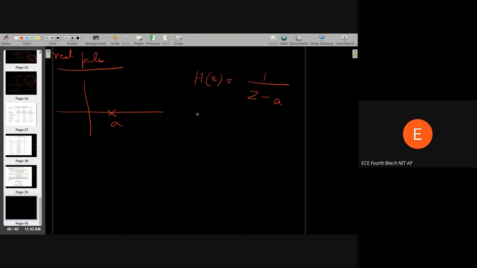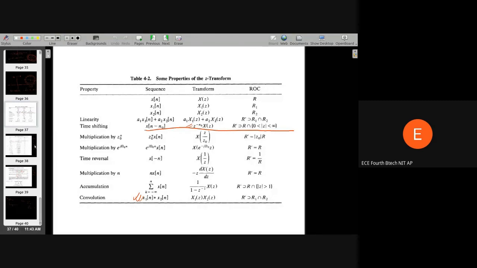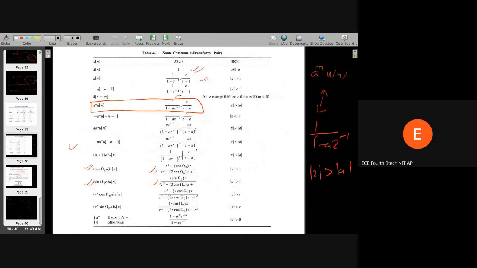Now you can say this is z by z minus a times z inverse. Now if you go back, what is z by z minus a?